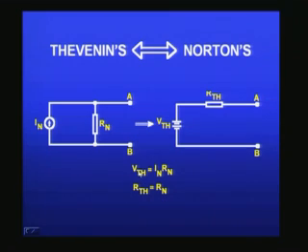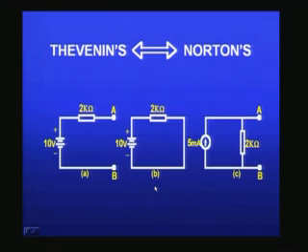Similarly, if I want V Thevenin, if I know IN and Rn, I should multiply IN by Rn, that will give me V Thevenin, and R Thevenin is anyway equal to Rn. Therefore, we can see that the circuits are all equivalent. In our case, for example, if I have 10 volts and 2K, the corresponding Norton's current, I should short circuit and measure 10 volt by 2K, which is around 5 milliamperes.